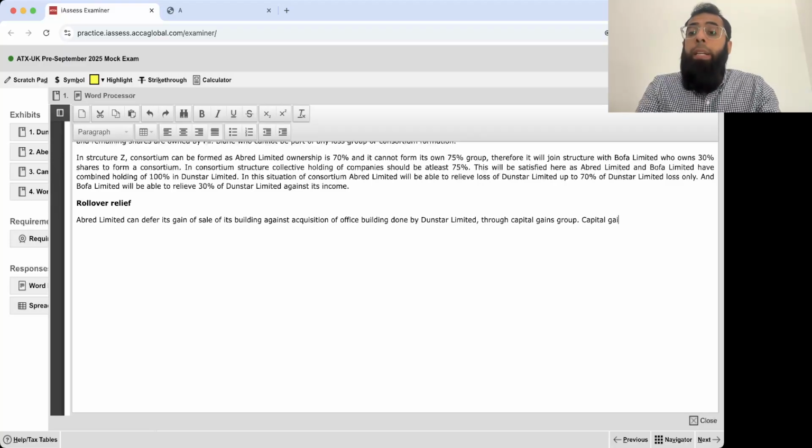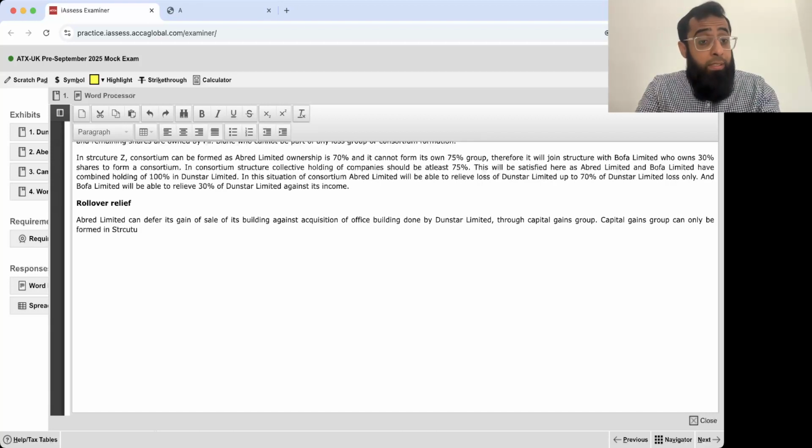A capital gains group can only be formed in structure X, the acquisition method for Dunster Limited, in which Abrid Limited will acquire 80% shares of Dunster Limited.